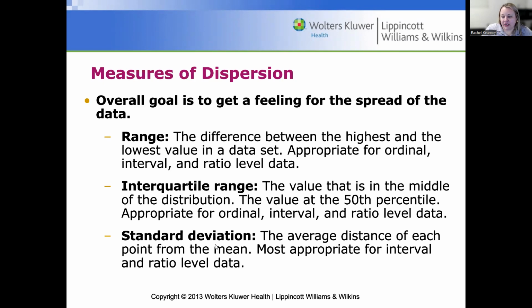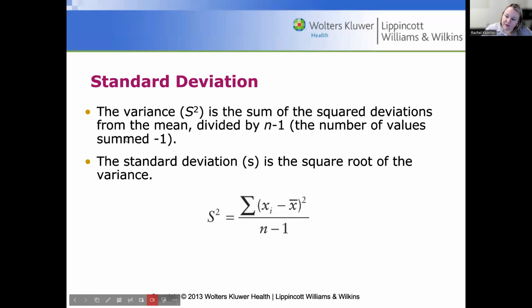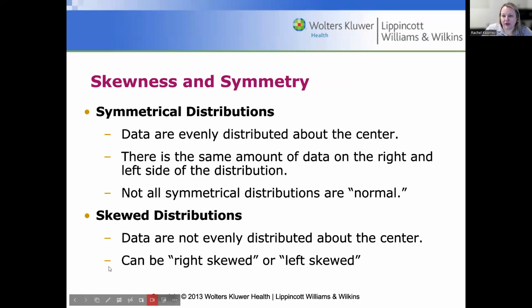And standard deviation is the average distance of each point from the mean. Standard deviation is written as a plus or minus and then a number. That's most appropriate for interval and ratio level data only. So here's how you would calculate the standard deviation. I'm not going to ask you to manually calculate the standard deviation, but that is the mathematical formula to do that.